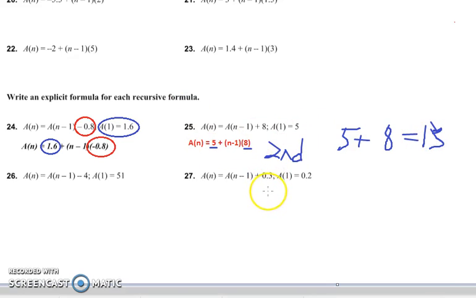If you want to find the third term, well, let's skip ahead. Let's go to like the fifth term. That's going to be 5, just like this formula, plus n minus 1 is 4. If we're finding the fifth term, the term before that is the fourth one. So it's 4 times 8.